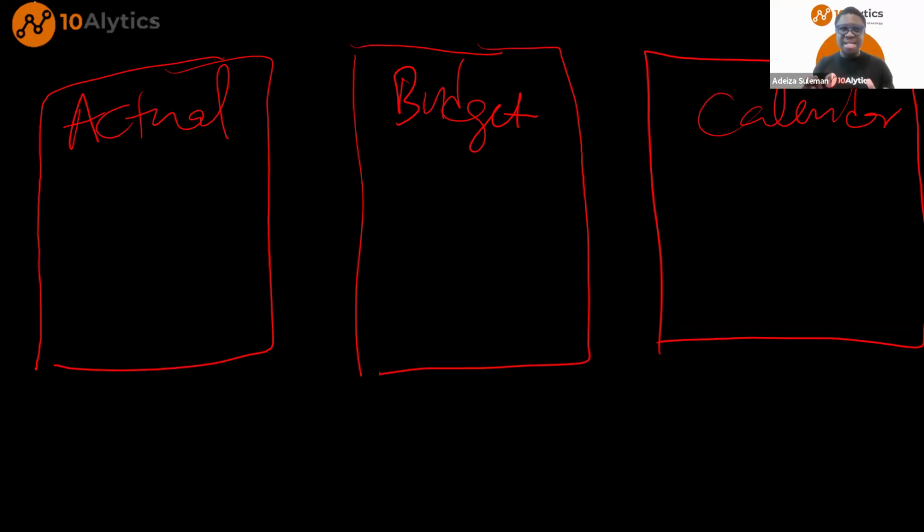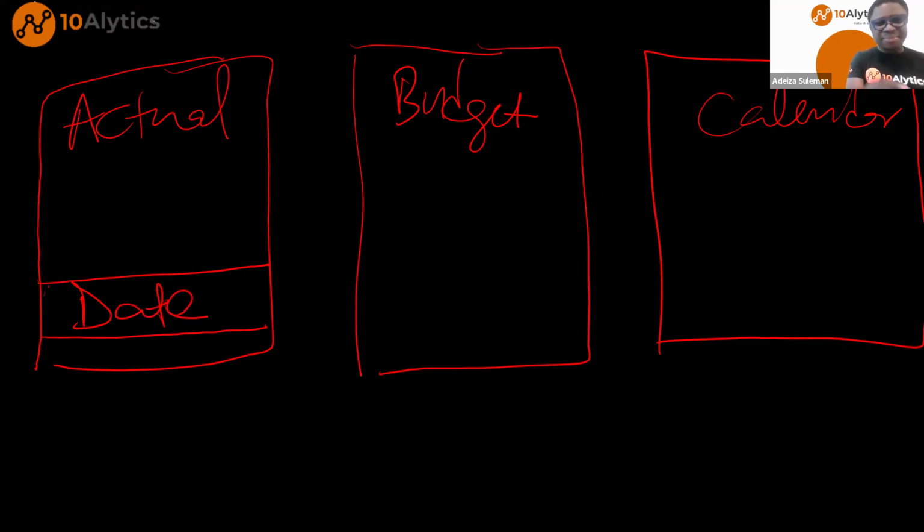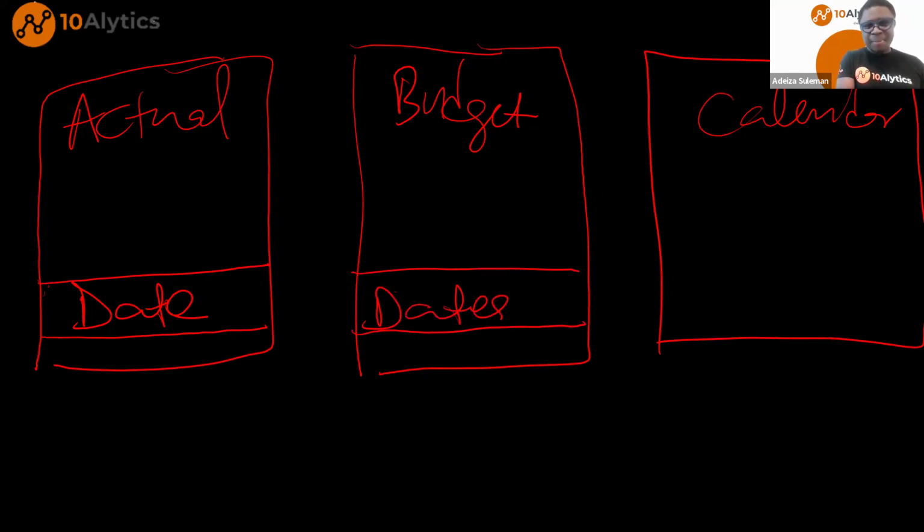Okay, commonalities. If you look at the actuals, one of the columns you see in actuals would be the what? Dates. And I'll show you again. In your budget, you also have dates. And in your calendar, you also have dates.